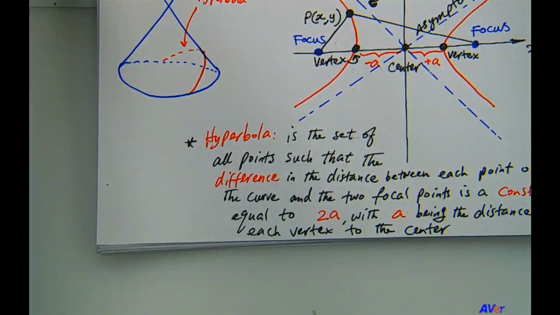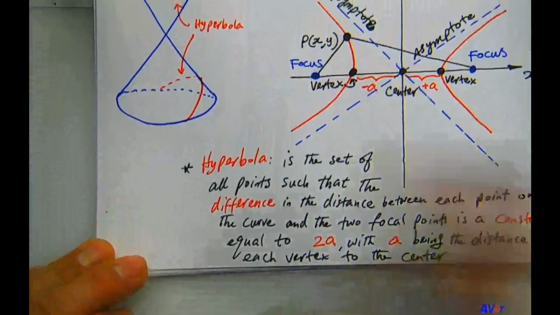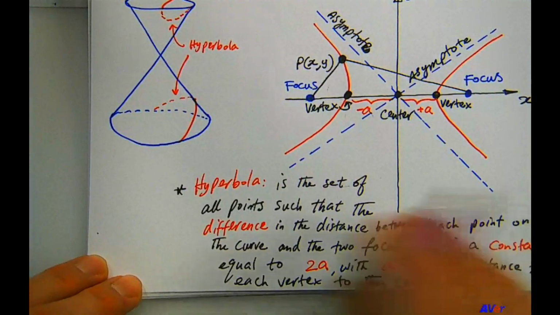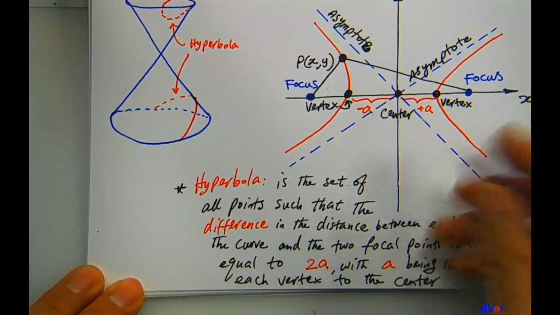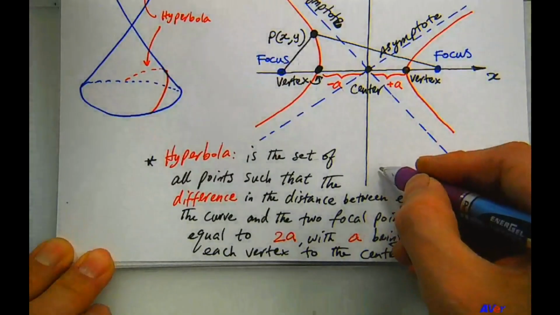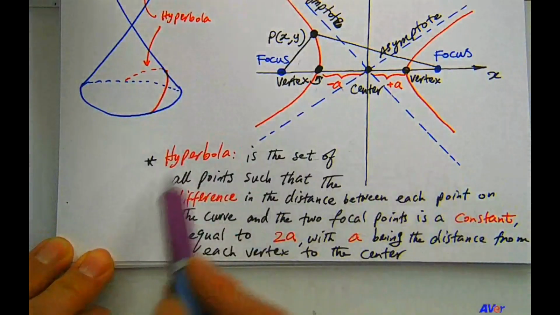So all of this is talking about the geometry of the hyperbola. I've said this in words, what defines the points on a hyperbola, and your book gives the same thing in symbolic form. So let me do that here. It's not that important, but it's important because it's a symbolic way of saying the same thing.